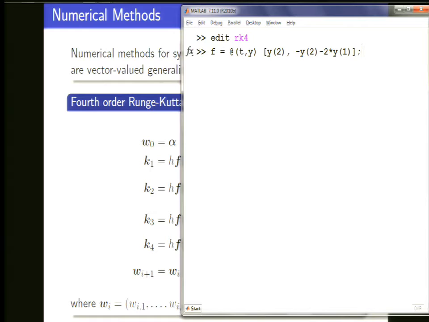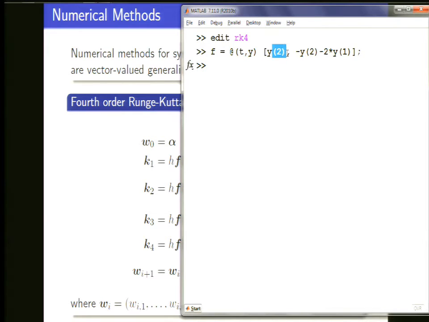Here's my example. This came from a damped y double prime plus y prime plus 2y. Very simple math 1B problem that you could solve. The way you use it is that now y has 2 components. In your case, it will be 4.